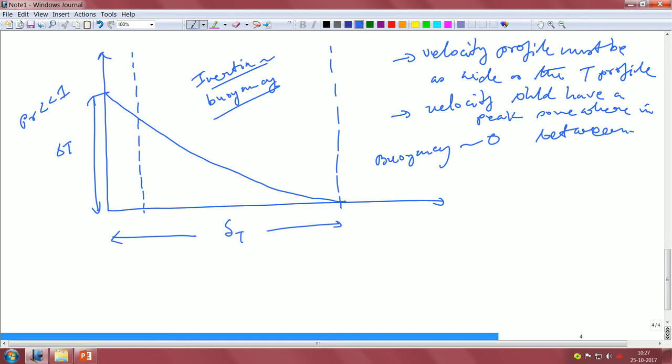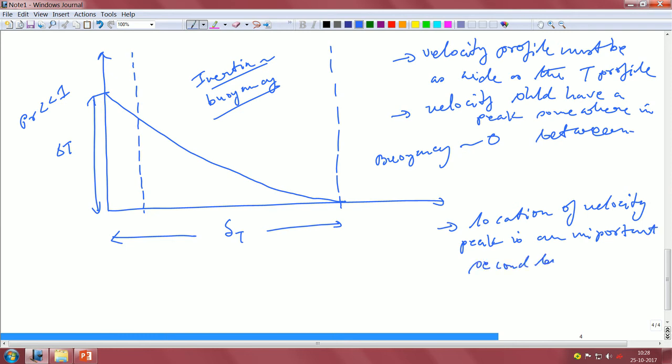So, the location of the velocity peak is an important second length scale that comes into this particular problem.